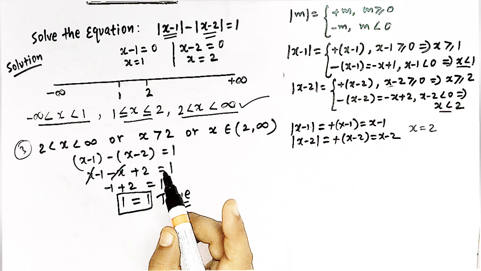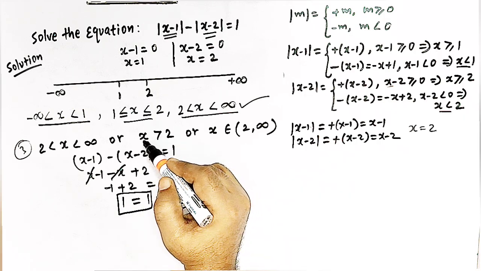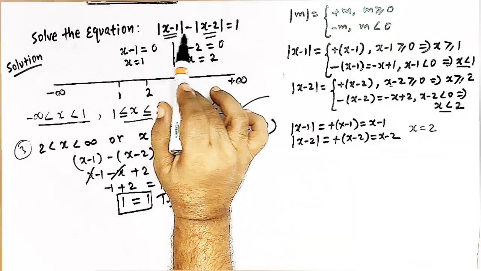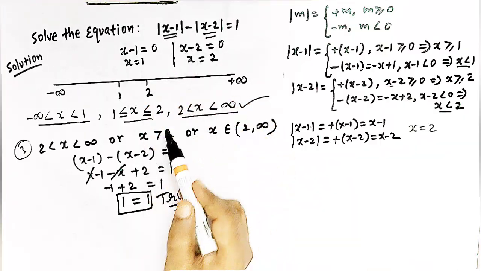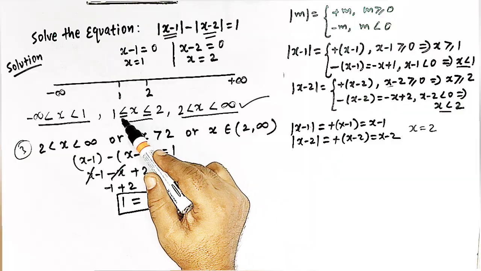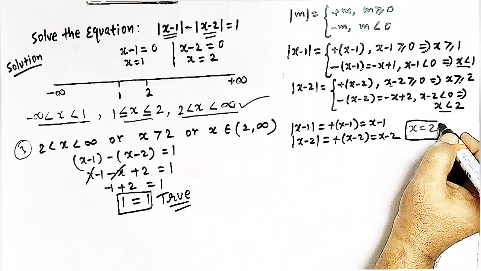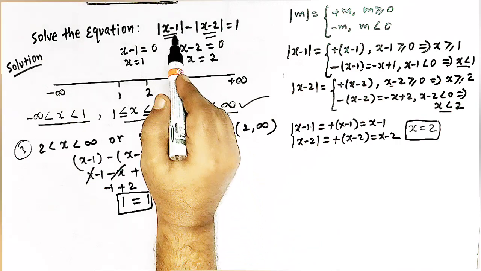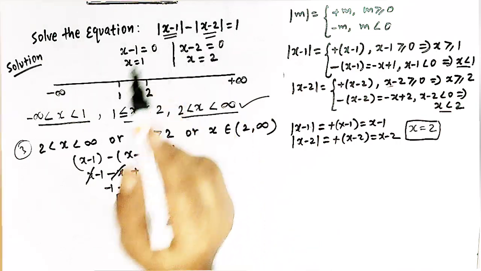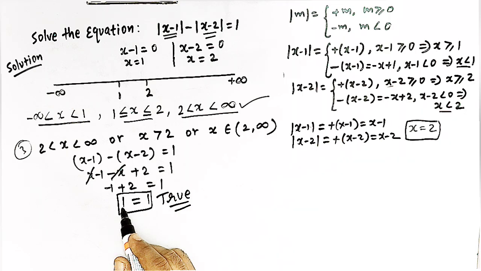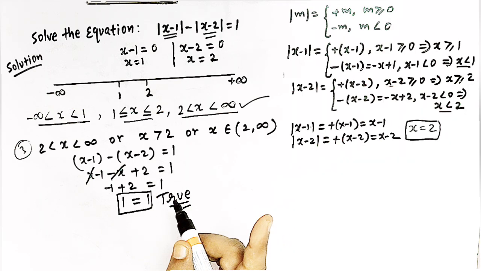So this implies that all values of x which are greater than 2 satisfy this equation. And when we discussed this interval, we have seen that x is equal to 2 is also a solution of this equation. And for x greater than 2, we have 1 is equal to 1, which is a true statement, right?